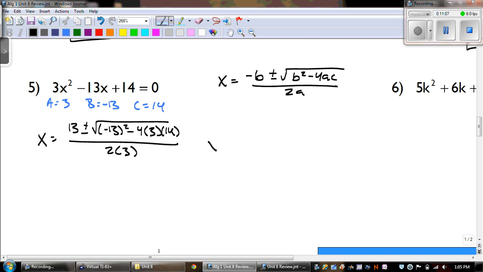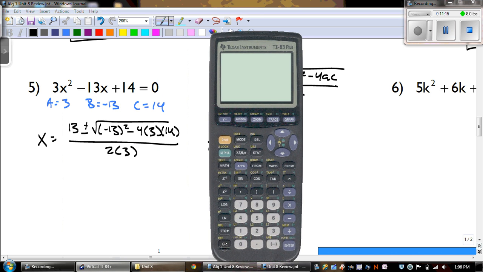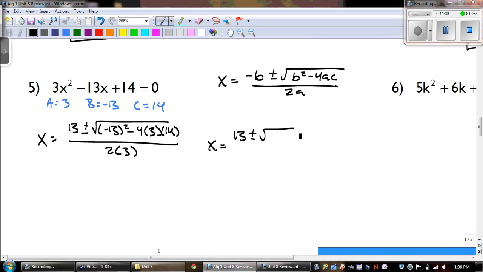Now, the first thing we do in that equation is the discriminant, the part that's underneath the square root. Okay, so underneath the square root, we have negative 13 squared minus 4 times 3 times 14, and we get 1.